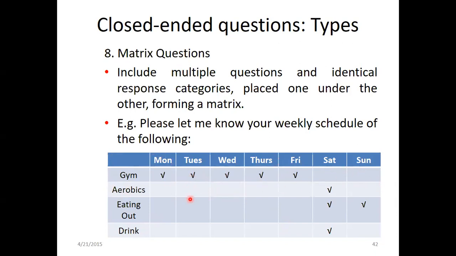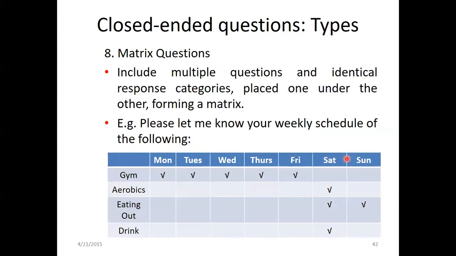So somebody will have to rate when he goes, does he do gym every day? Maybe it's just Monday to Friday, Saturday and Sunday he is not doing it. Aerobics, only Saturday, maybe eating, etc. So that can be done in any discipline.